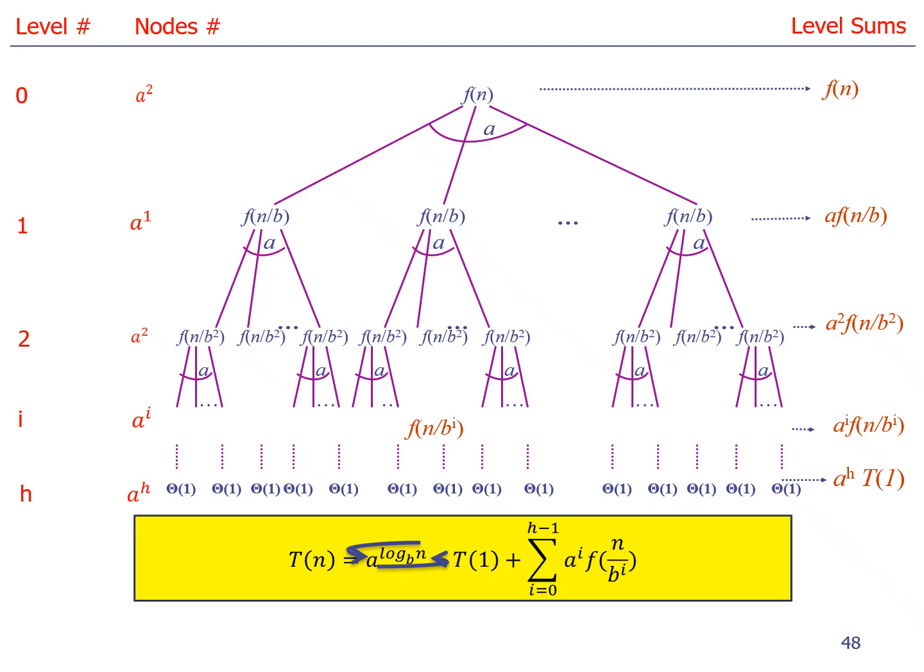This is a valid logarithmic manipulation, so the equation becomes T of n equals n to the power of log a base b, instead of a to the power of log n base b. That's what we're seeing here. T of n is equal to n to the power of log a base b multiplied by a constant. That's the amount of work I'm doing in the leaf level, plus the rest, the previous levels.